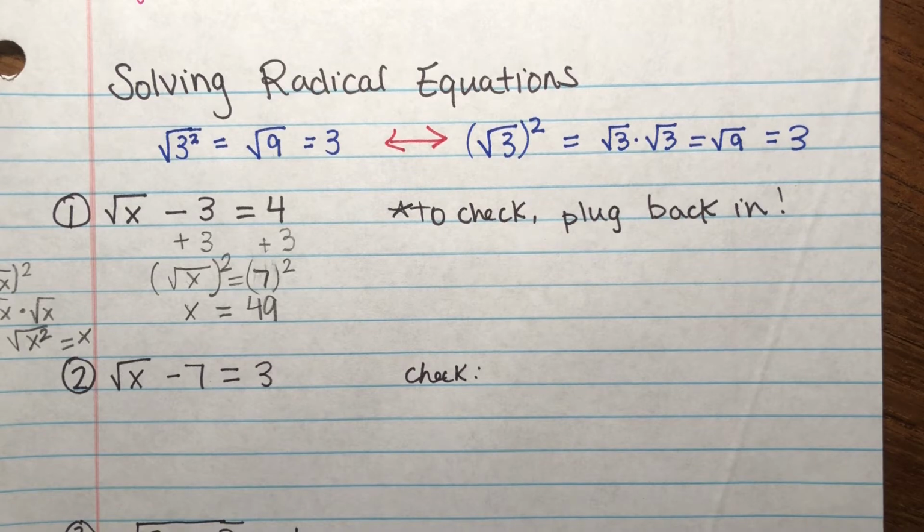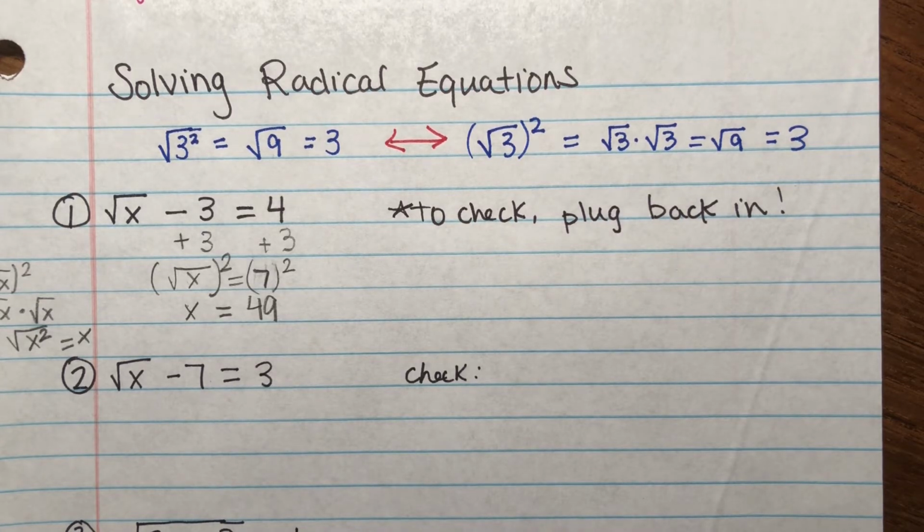Alright, so my first step is to isolate the radical. If you want to write these down, you can. I'm going to make another video later where I'll have the steps written out. But this is just me talking through these examples. So first you isolate the radical, so you get the radical all by itself. Then you are going to square the radical so that you can get rid of it.